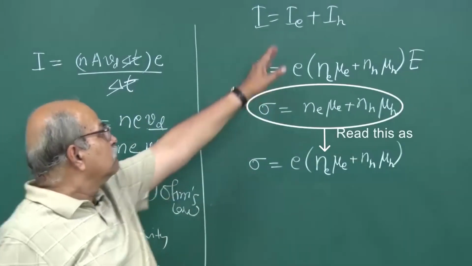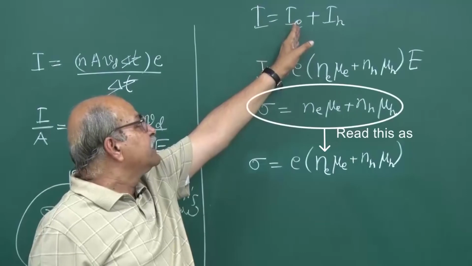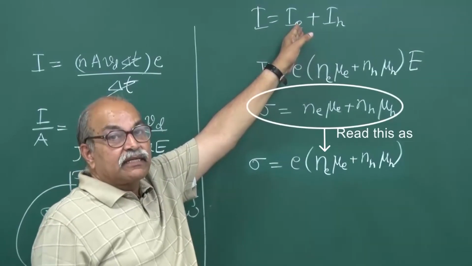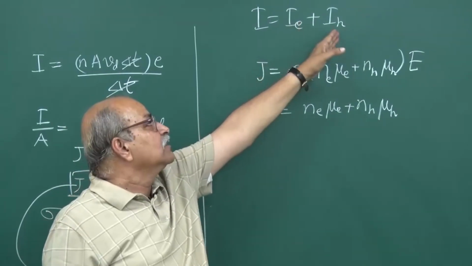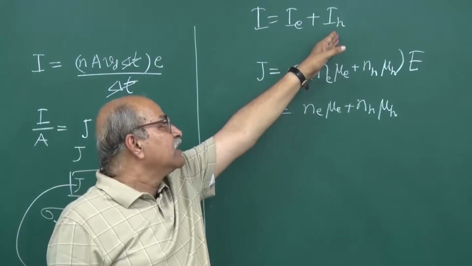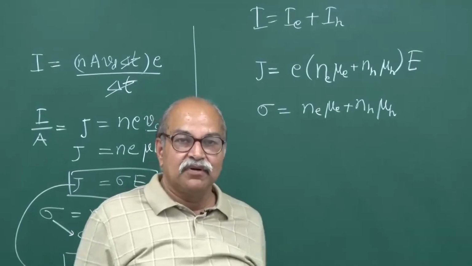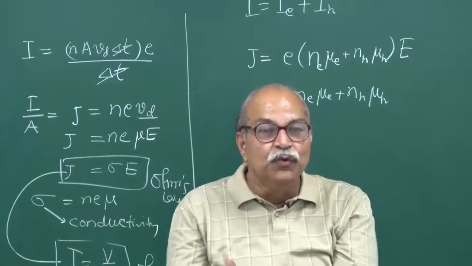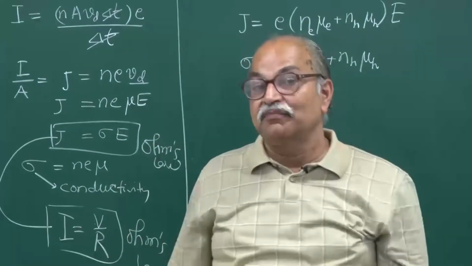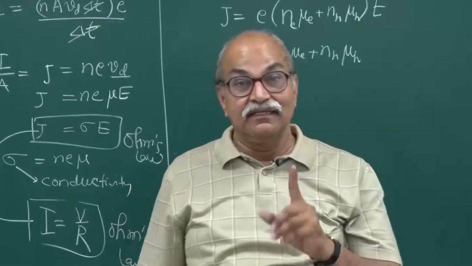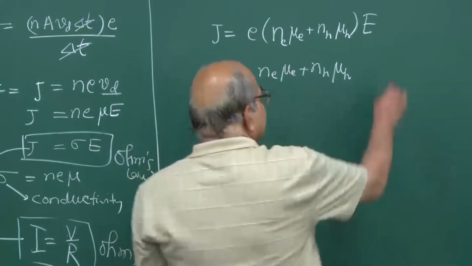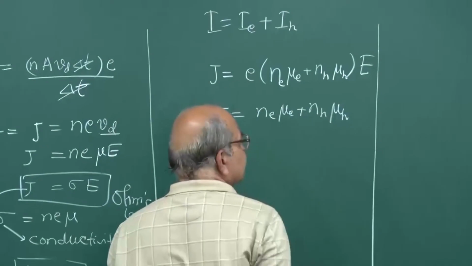So although the current is because of electrons, those conduction electrons, and the holes in the valence band, but in any doped semiconductor of practical importance, one of the two will be very large as compared to the other. We had done this numerical exercise in the previous lecture.